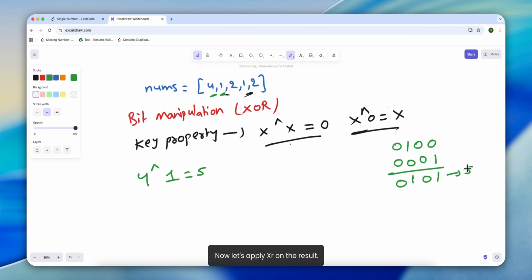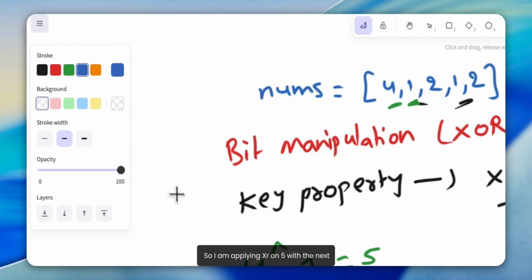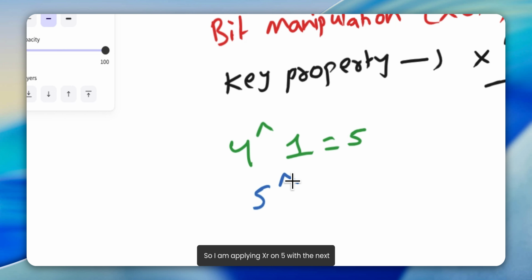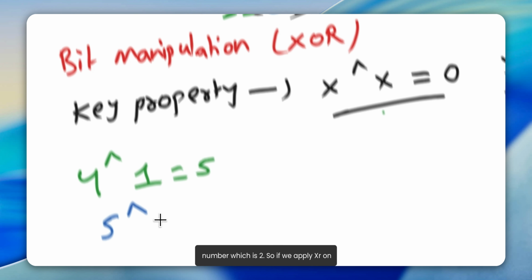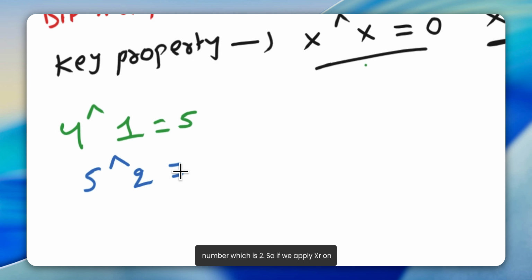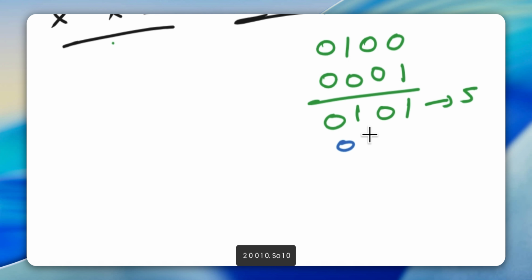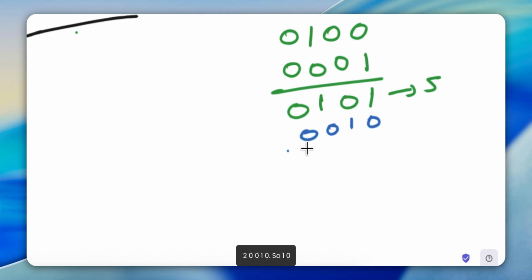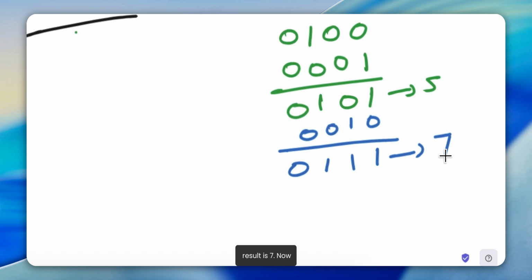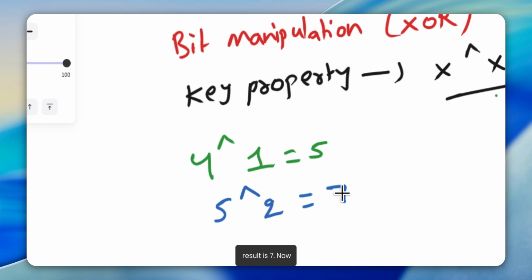Now let's apply XOR on the result. I'm applying XOR on 5 with the next number, which is 2. The binary of 2 is 0 0 1 0. So the result is 1 1 1, which is 7.